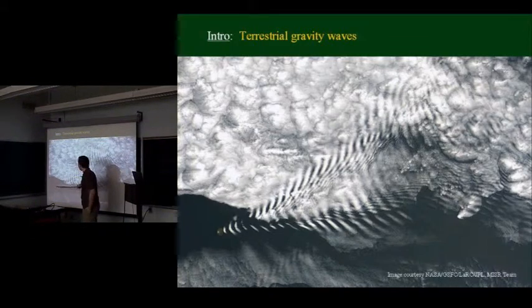There's a volcanic island here, and as the air mass passes over it, moving in this direction, as it passes over that bump, essentially, it excites a wave that propagates upward and travels along with the air mass. So this is generally how gravity waves are excited on the Earth, by air masses moving over terrain, mountain ranges, and features like this.